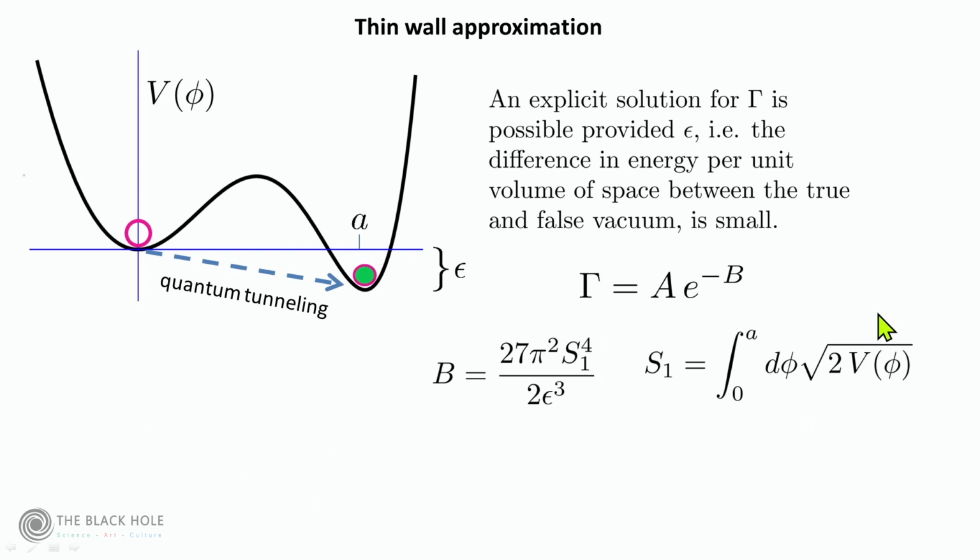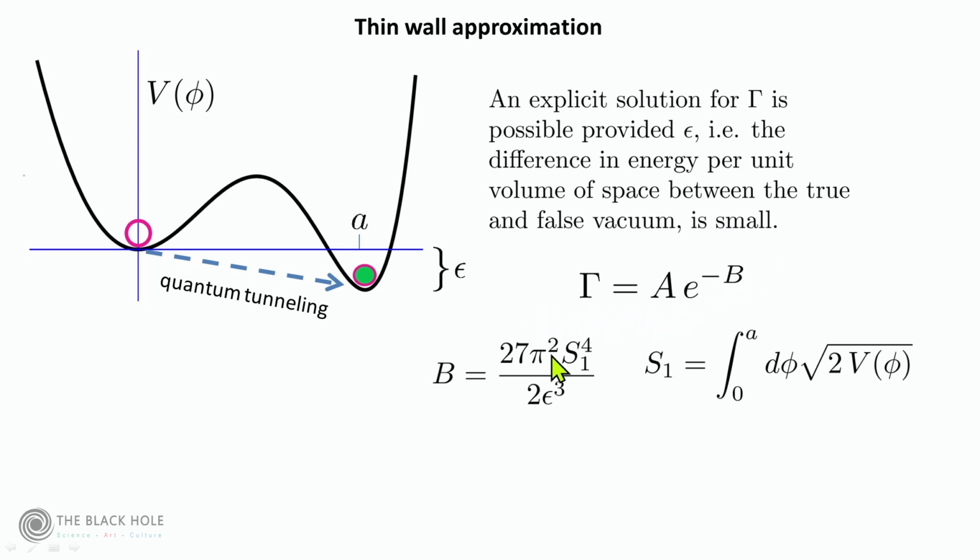Again, we haven't derived this yet. We're going to be deriving this towards the end of the lecture. In the approximation where the false vacuum and the true vacuum are separated by only a small difference at the level of epsilon, we are able to calculate exactly what A and B are, and they are very simple.